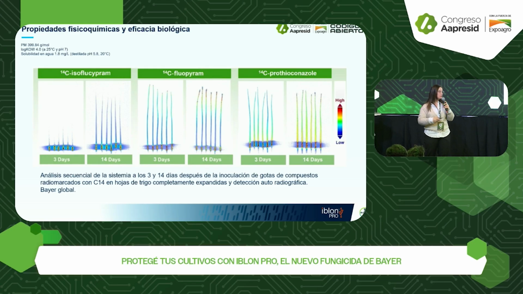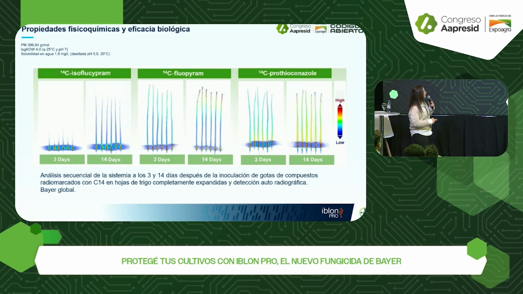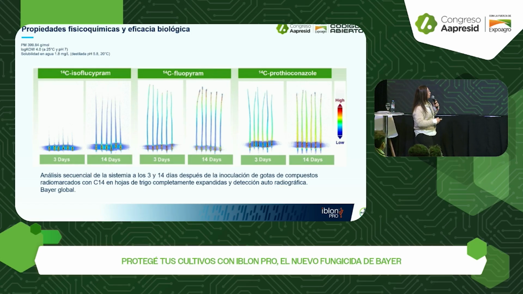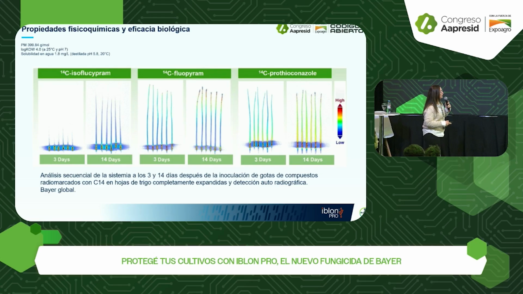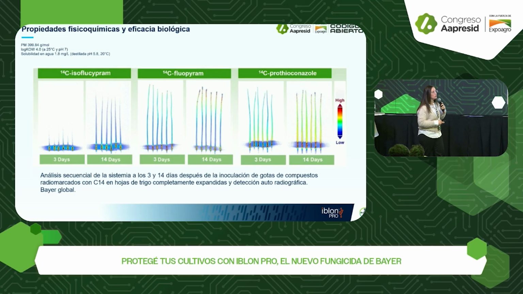How will this slow movement of isoflurane translate? Let's look at the pictures. Let's see what happens on day 3, 14 days, and I will compare isoflurane against proteoconazole. The reference scale is the one that you see on the right, where you see the meaning of the different colors.